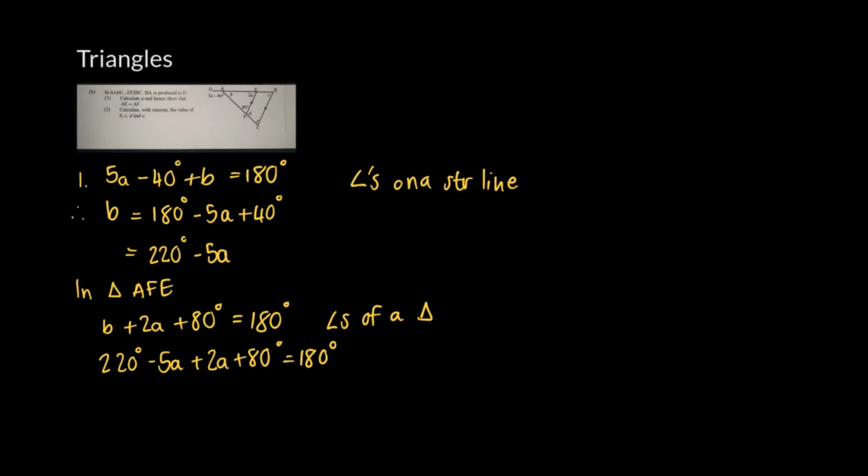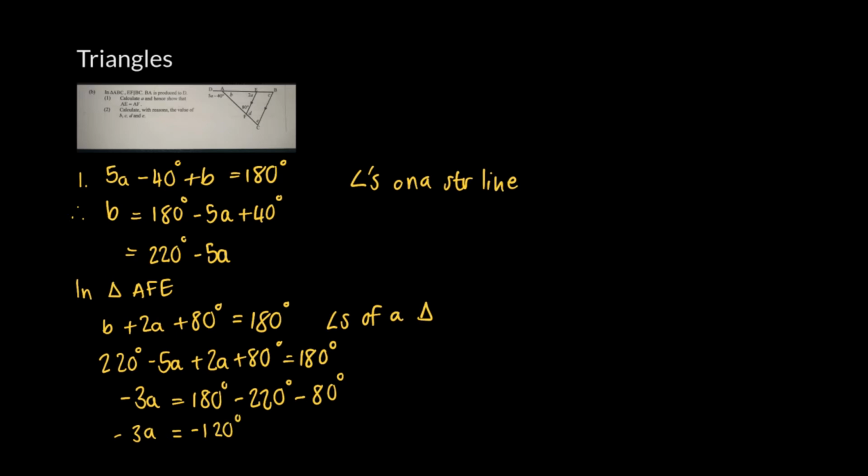So what we're going to get here is negative 3A is equal to 180 degrees minus 220 degrees minus 80 degrees. And if we put all of that together, negative 3A is going to give us negative 120 degrees.